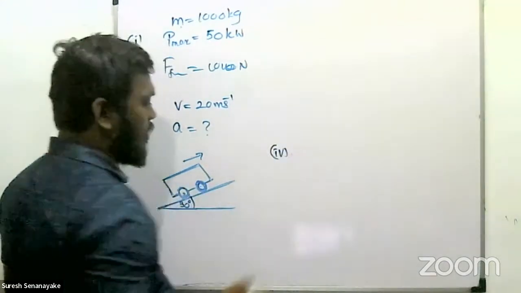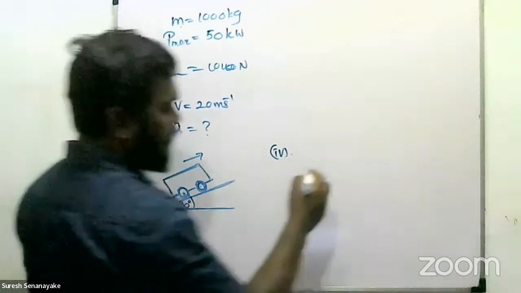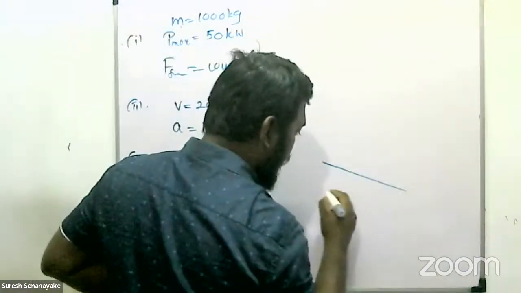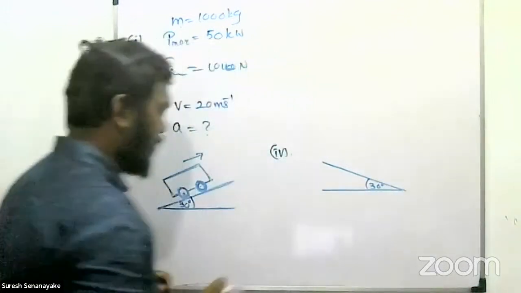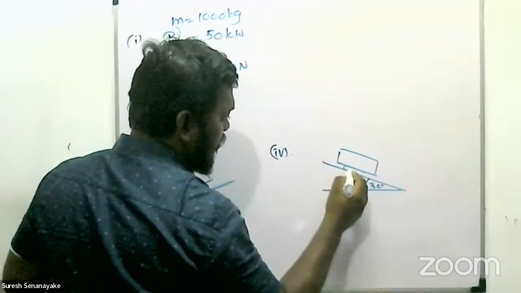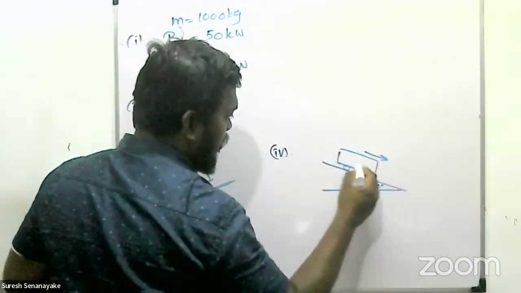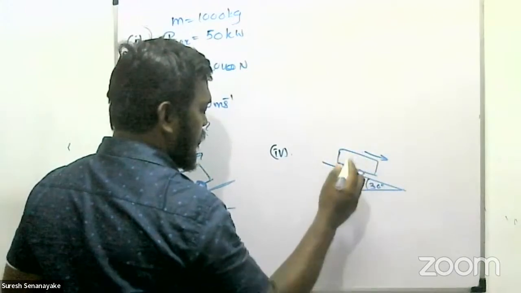And then the fourth part, same thing. When it's moving down the incline, what is the maximum velocity which the vehicle can move?